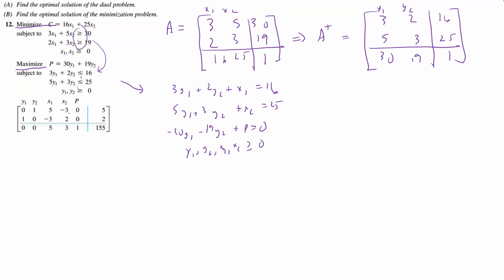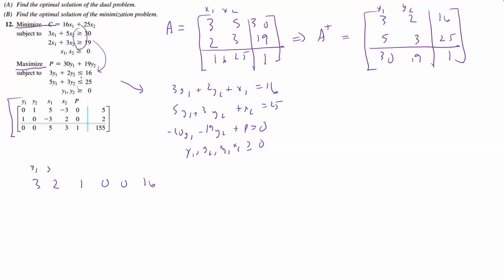When we did the problem, we had to work it all the way down until we get to this stage. So this is actually the very last step of the problem. What we're going to do is figure out how we went from here to this very last stage. Well, what we had to do is put it into a tableau. So we had a 3, a 2, a 1, a 0, a 0, and a 16.